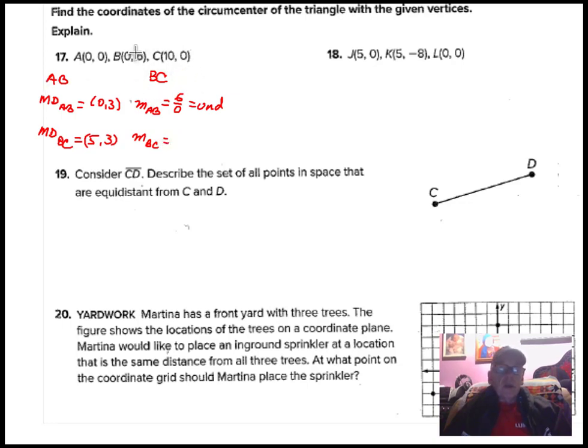We do 0 minus 6, which is minus 6 over 10. So we get minus 3/5 for the slope. Now we want perpendiculars. So the perpendicular of an undefined slope is going to be a 0 slope, and the slope of a perpendicular for BC is going to be 5/3.